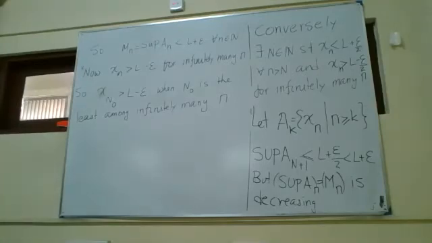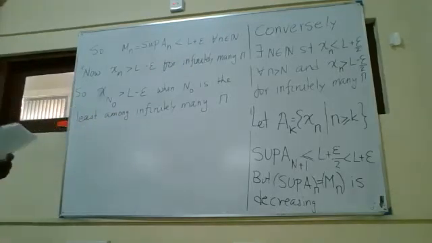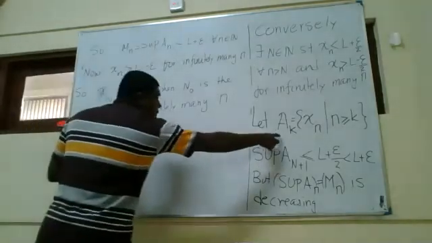So for that least number n naught, L minus epsilon is less than x_(n naught).